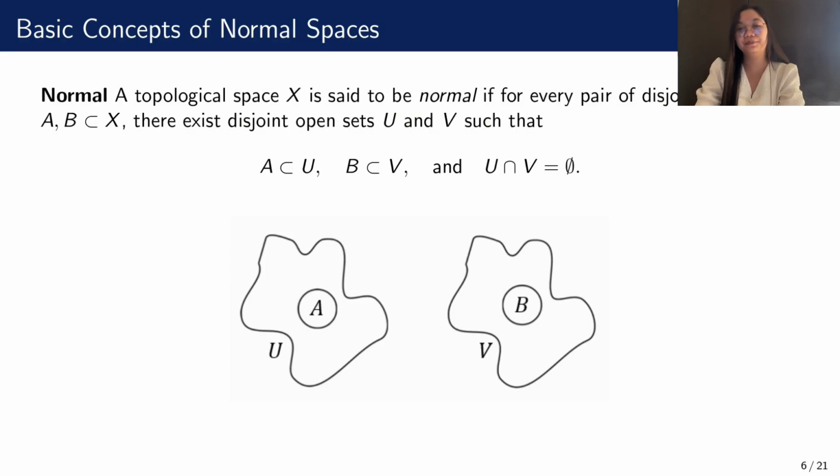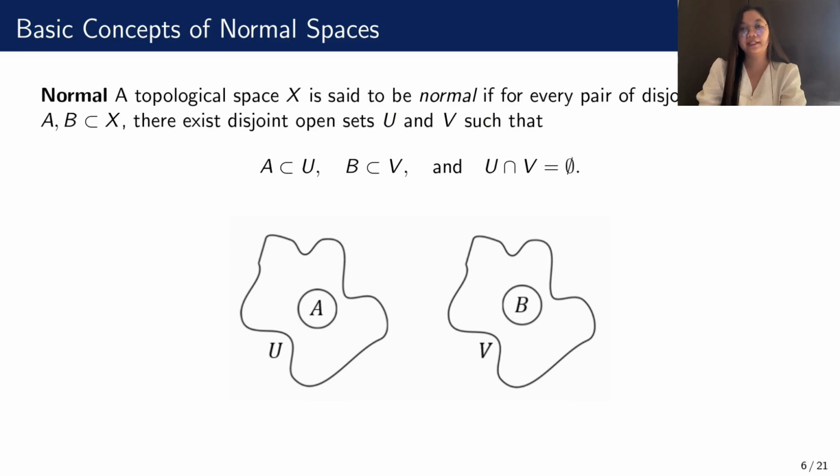A topological space X is said to be normal if for every pair of disjoint closed sets A and B, subsets of X, there exist disjoint open sets U and V such that A is a subset of U and B is a subset of V, and the intersection of the open sets U and V is empty. So we have two closed sets A and B, and these two closed sets A and B have an open neighborhood.